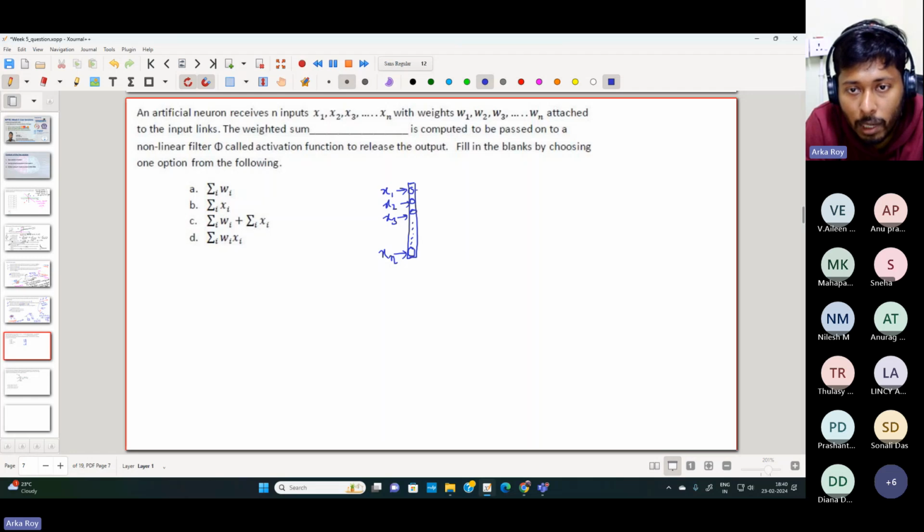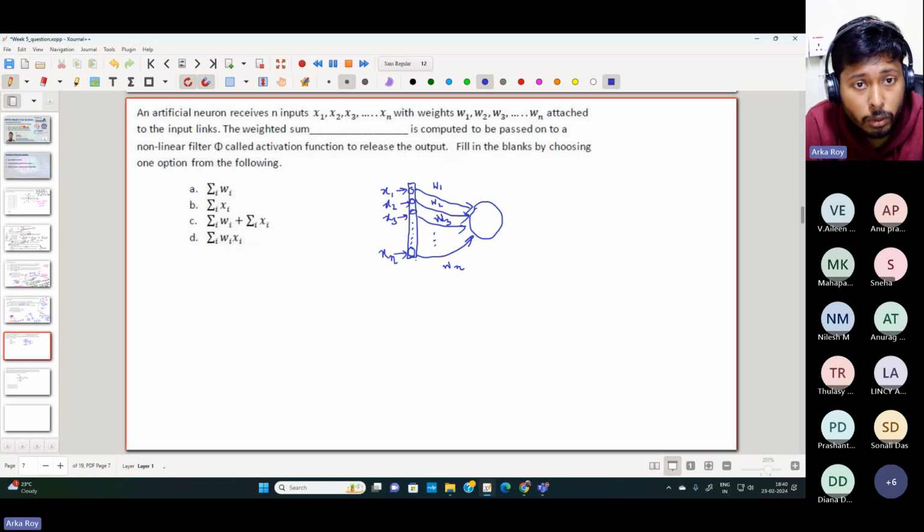You have a neuron over here which is connected like this. There will be n such connections, and the weights are given as W1, W2, W3 and so on.